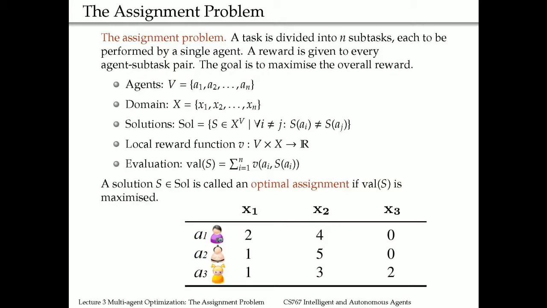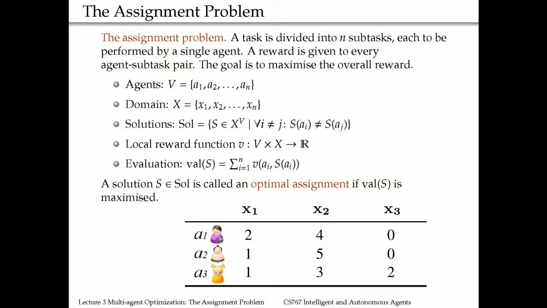For example, if you look at this example below, we have three agents, A1, A2, A3, and we have three items, X1, X2, X3. And in this table, you may see that the local reward that's given to each agent by the item is indicated at the respective entry in this matrix. For example, A1 will get a utility of 2 if the agent receives X1, and a utility of 4 if receiving X2, and 0 from X3, and so on.